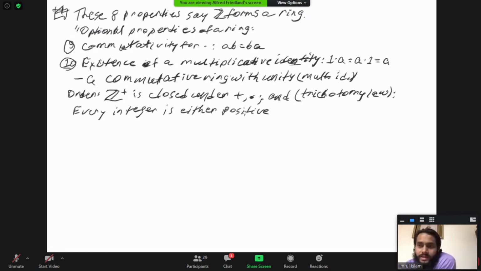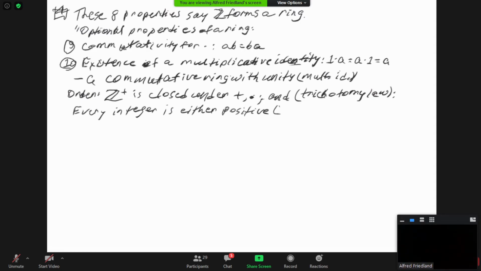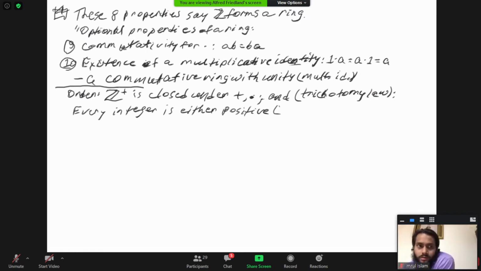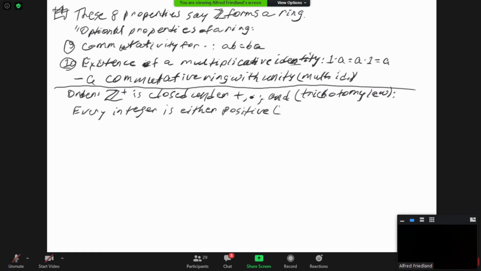And is this property part of number 10, or is this a new property? We're done with that. Now we're talking about order. So we're going to get an ordered integral domain. So every integer is either positive, so say a is greater than 0, and next term I'll talk about why being positive is the same as saying a is greater than 0.